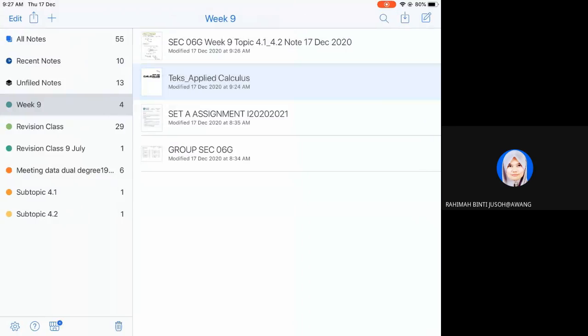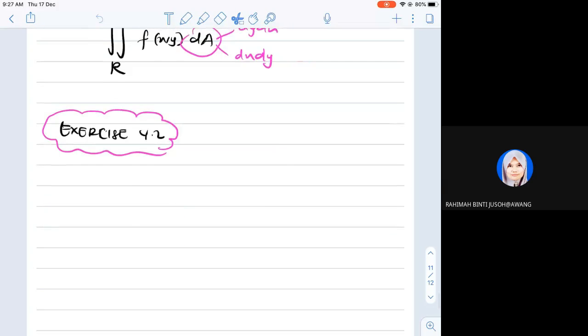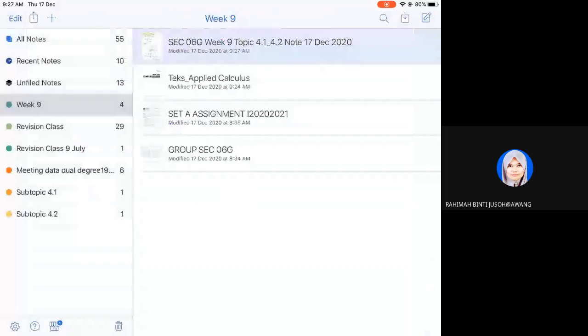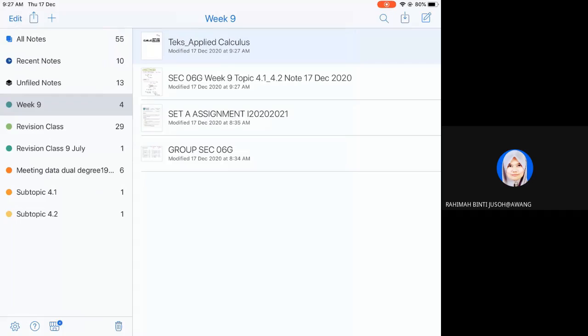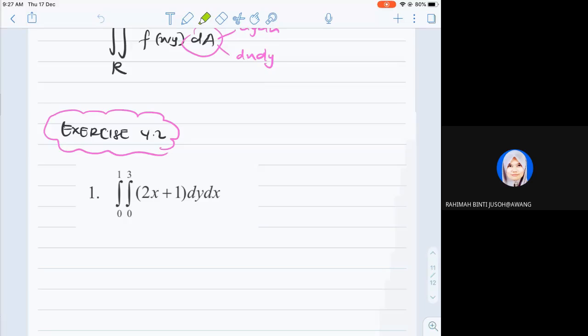Copy this first. This question also asks you to sketch, isn't it? You have to sketch the region of integration and evaluate the integral. So let us sketch the region. We know that this is the rectangular region.